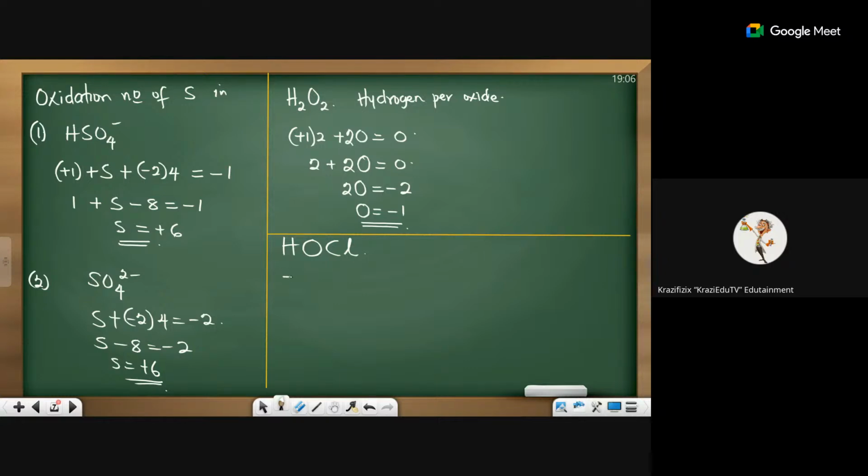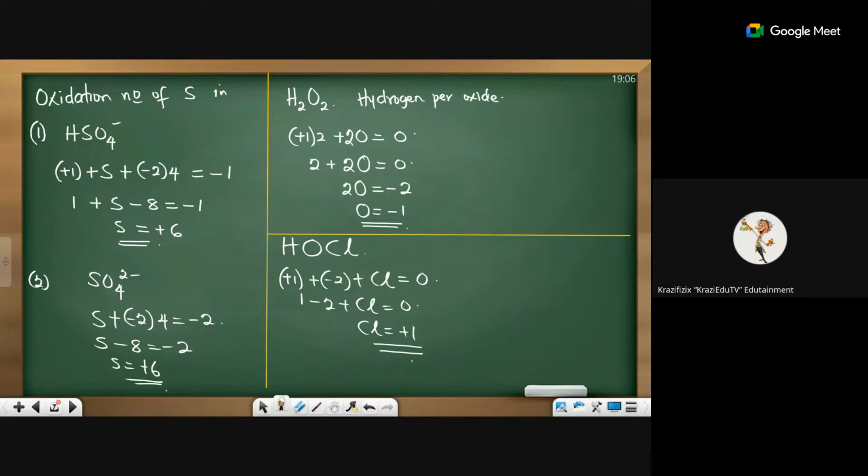Hydrogen will be +1. Oxygen will be -2. Check for chlorine, and this must be equal. What is 1 minus 2? This is 1 minus 2 plus Cl. This is -1. Now check. Cl therefore becomes what? +1.